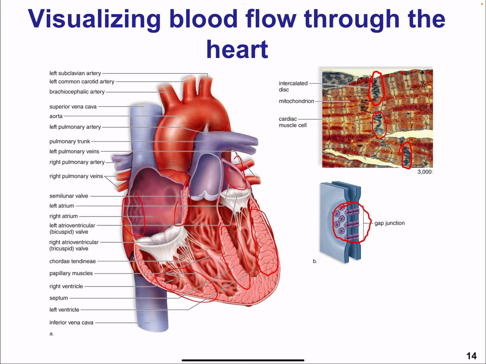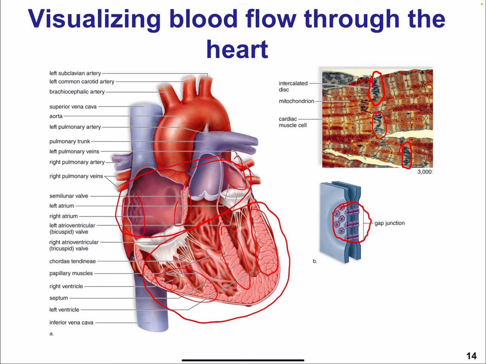Okay? Now, what we mean is that they're going to beat as a unit. When ventricles contract, it's not one that contracts. It's not the left only or the right only. It's both left and right at the same time. When atria contract, it's not left only or right only. It's both at the same time.